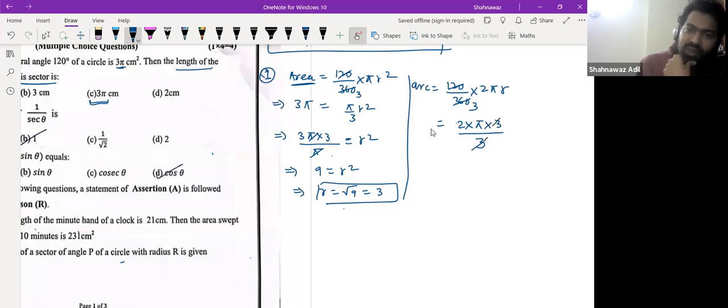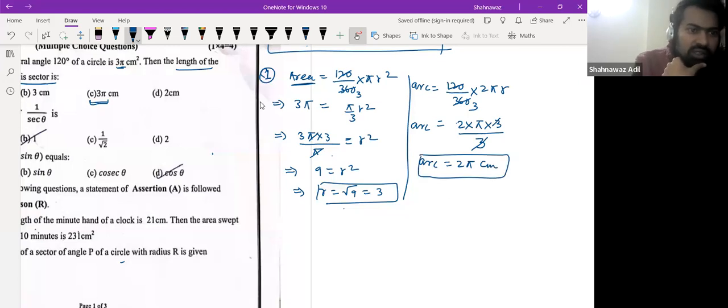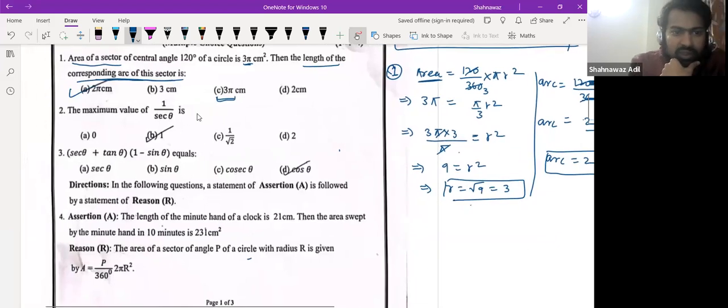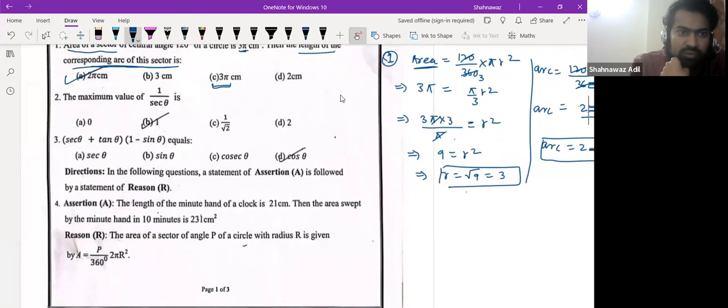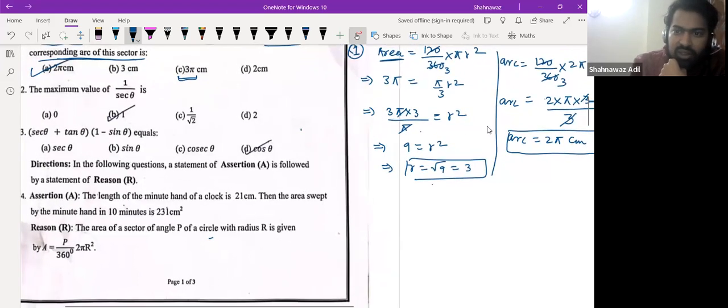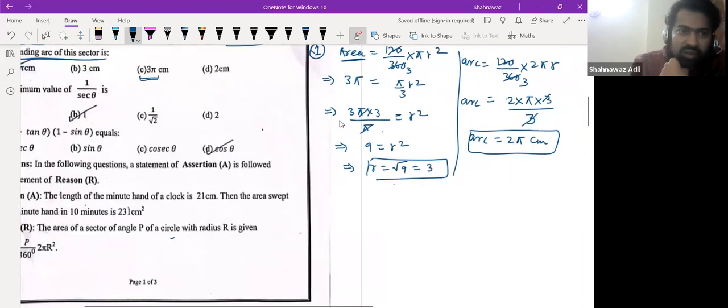So the answer is 2 pi centimeter, right? Pi would not be cancelled, pi is there.